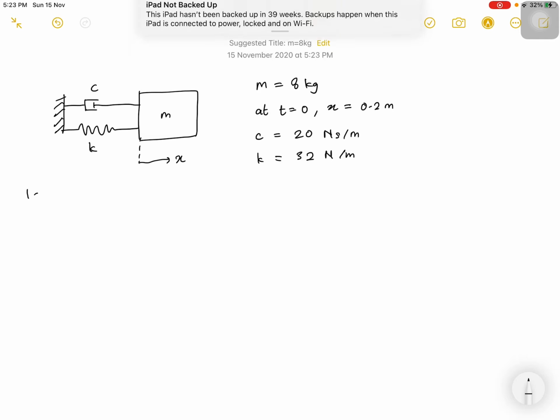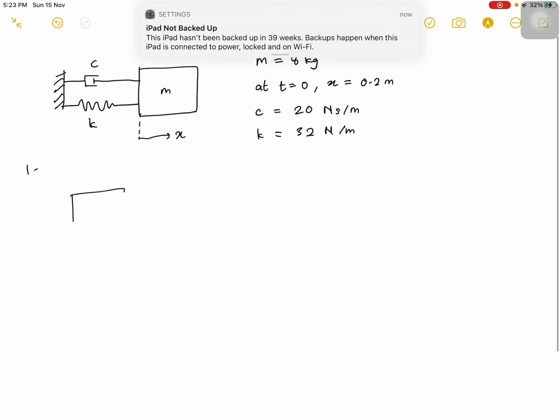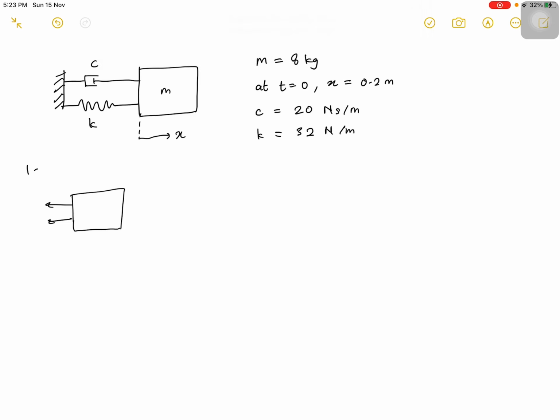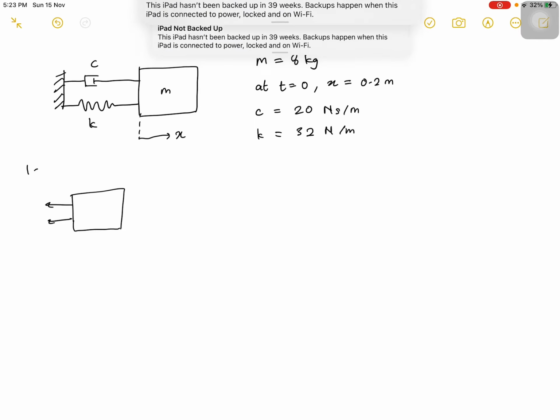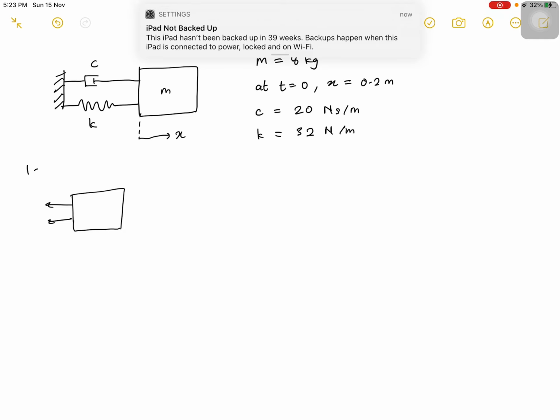So first we need to find the displacement equation. What we need to do first is, of course, the free body diagram. We just consider the horizontal part. If we have a rotational problem, we need to consider any angle and force involved in the problem.